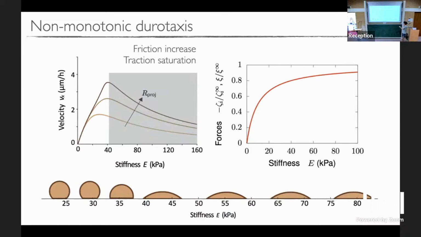So at very high stiffnesses, the tissue is very well spread, and so it spans a large range of stiffnesses, but the tractions are almost the same on both sides because they are saturated anyway. And so now this difference in traction, which is the driving force, goes down, and therefore the velocity goes down. Okay? So it's a combined effect of this saturation of traction and increase in friction that slows the Durotaxis down at high stiffnesses. Okay, so that's the explanation we have so far.